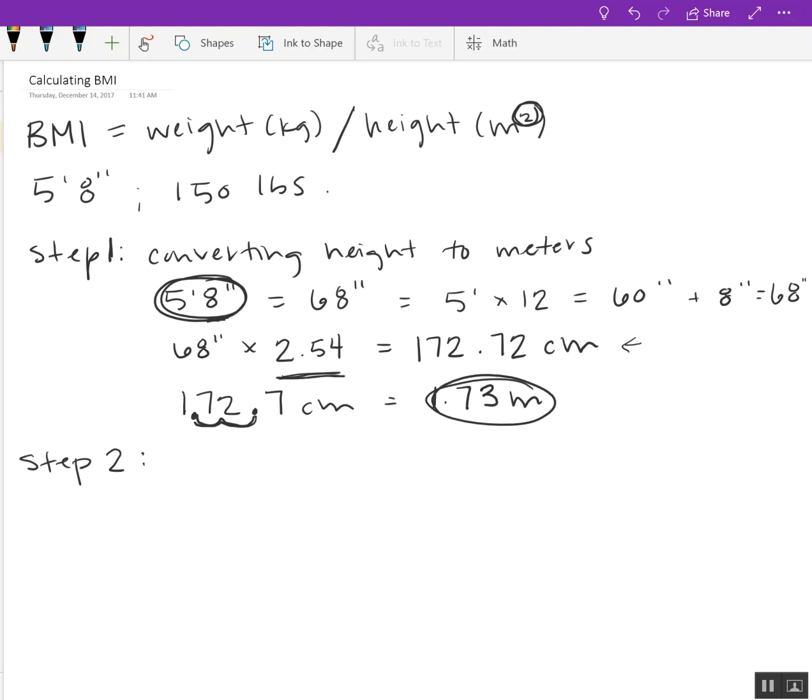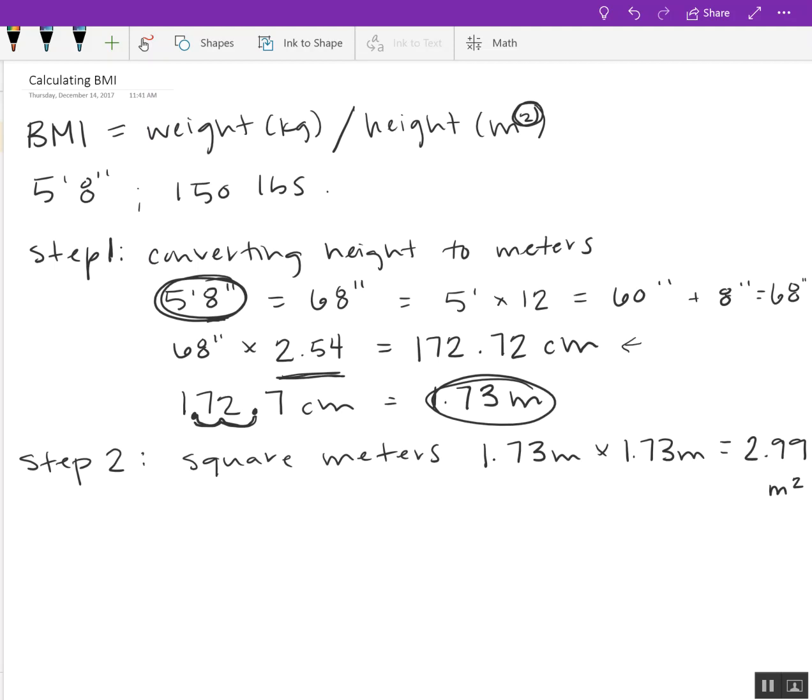We want to square meters, which simply means we multiply it by itself. So we have 1.73 meters times 1.73 meters, and that gives us 2.99, and that's meters squared. Now we are completely done with the height portion of the equation.